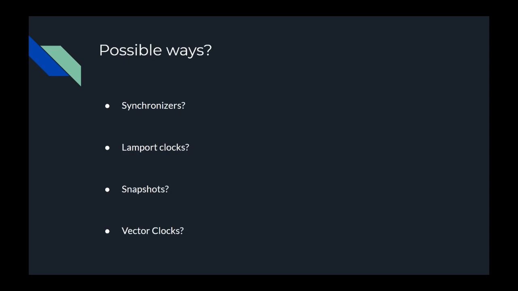So, what are some possible ways that we can simulate this global time or global state before we hop into vector clocks? The first approach is called a synchronizer, which simulates clock pulses in a way that a message is only generated at a clock pulse and will be received before the next pulse. A synchronizer is typically intended to be used as an additional layer of software on top of an asynchronous system.